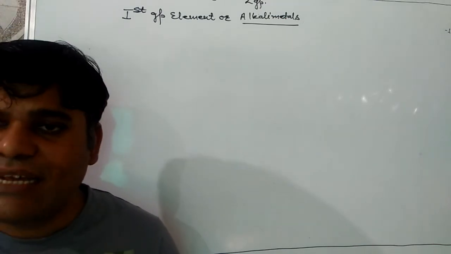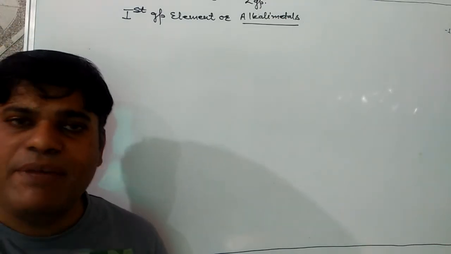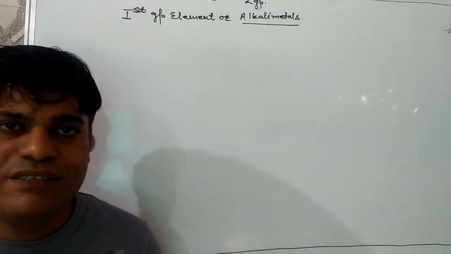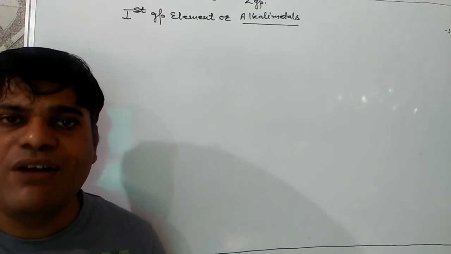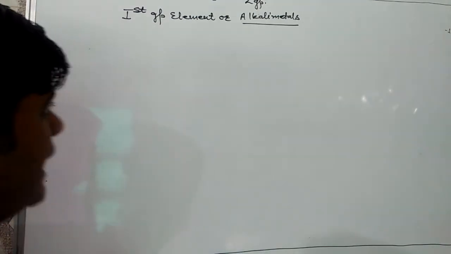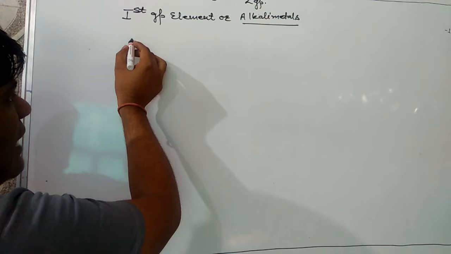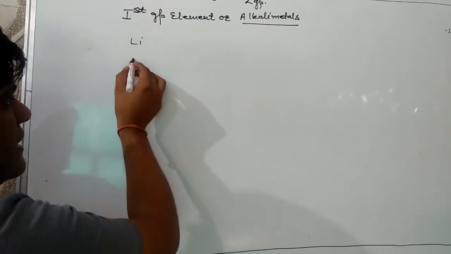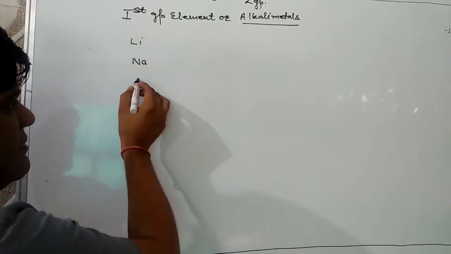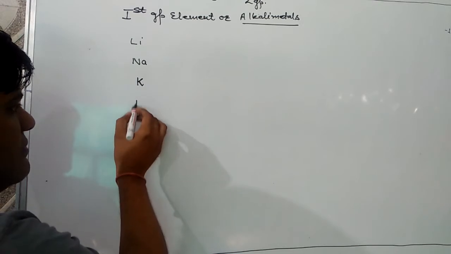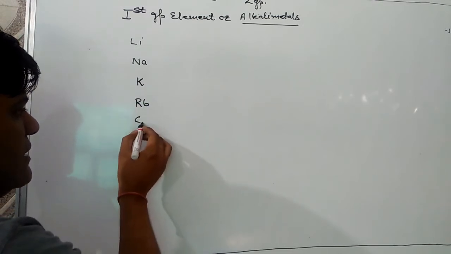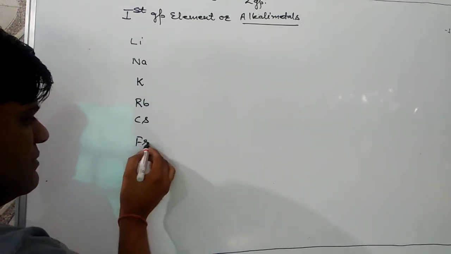These are known as alkali metals because their compounds are basic and water soluble, and these are 6 in number: lithium, sodium, potassium, rubidium, cesium and francium.